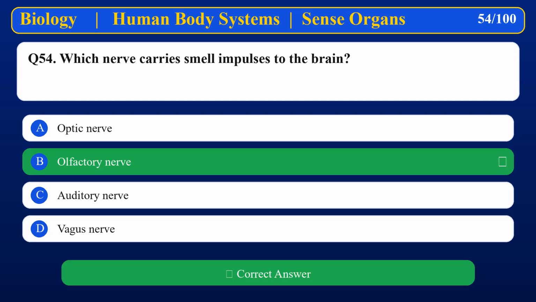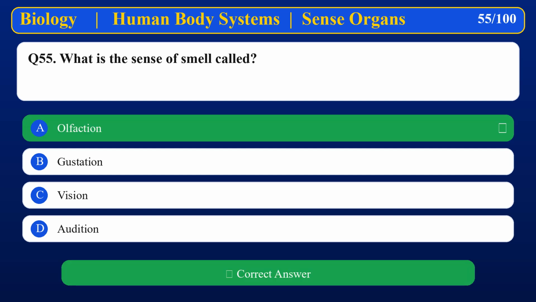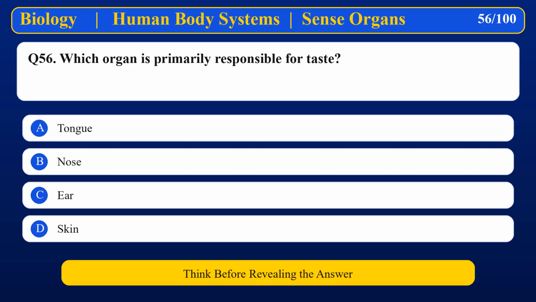Olfactory nerve. What is the sense of smell called? Olfaction. Which organ is primarily responsible for taste? Tongue. Which structures contain taste receptor cells?